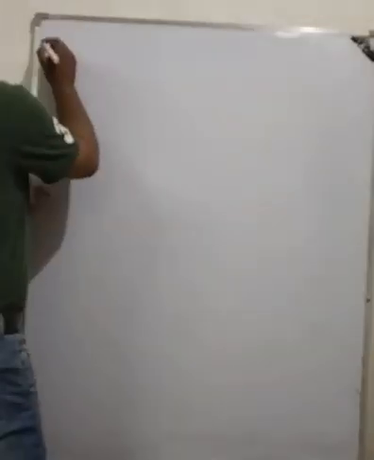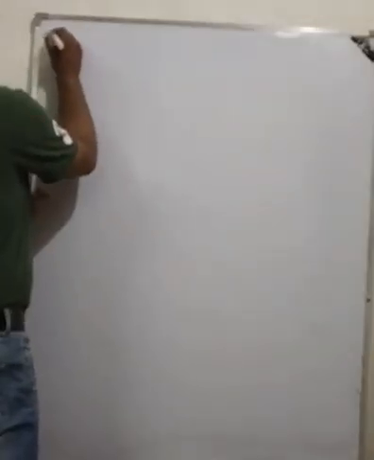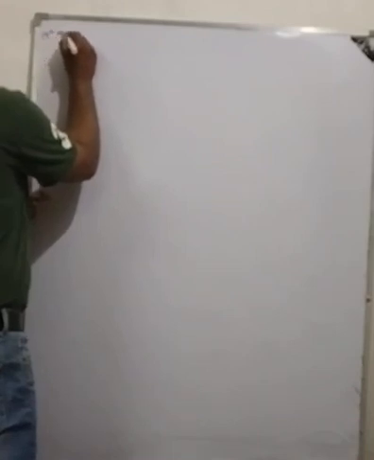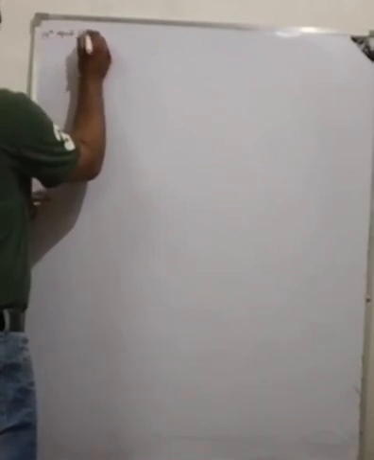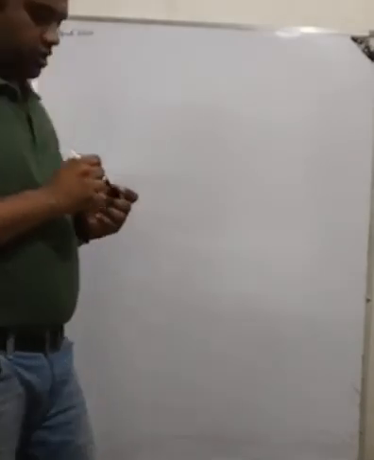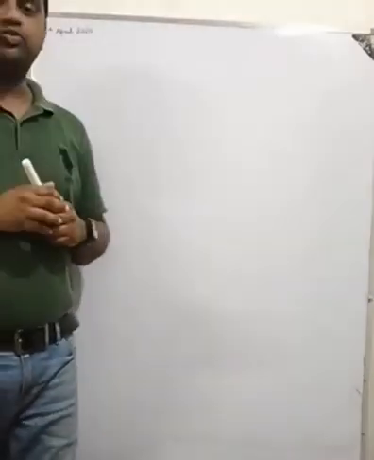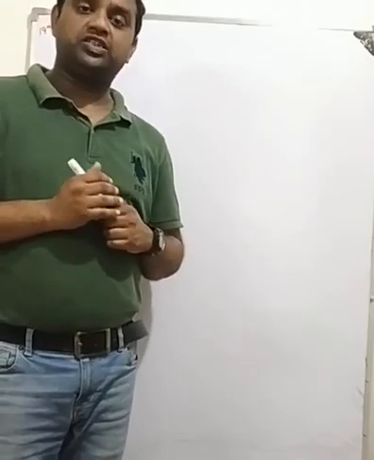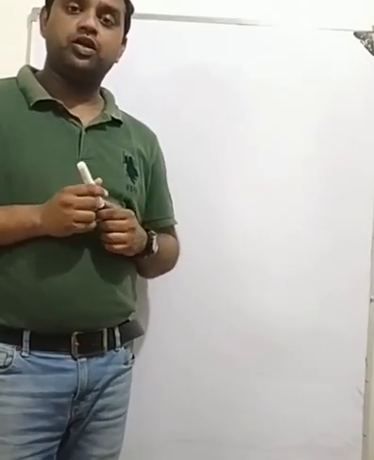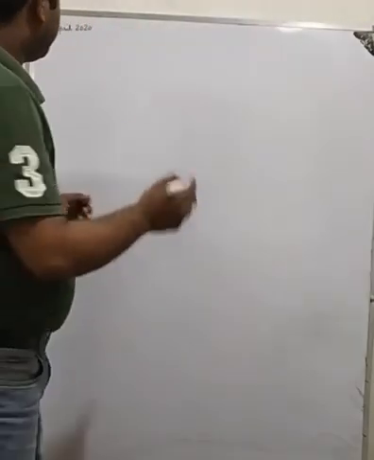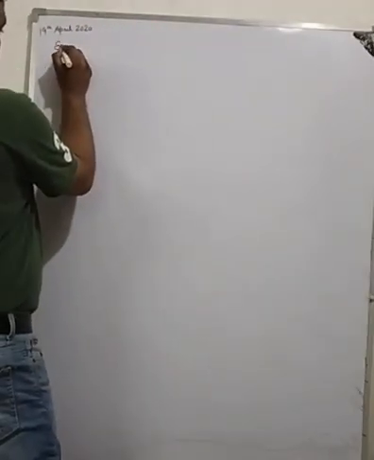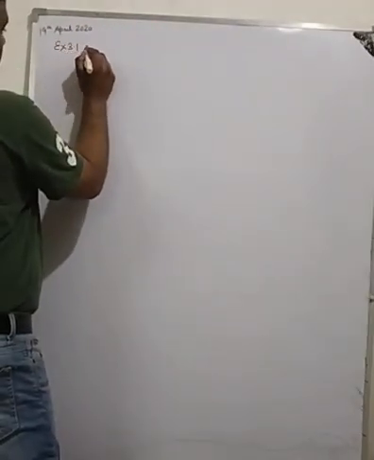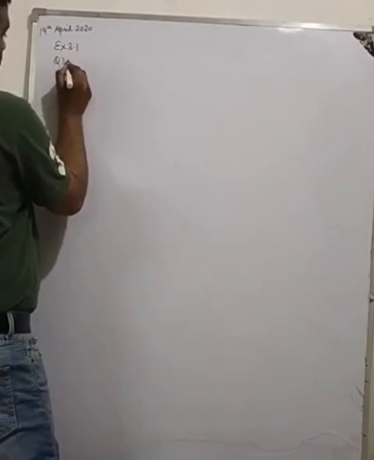So I am going to write the exercise as well as the question number for each question. And the first question is of exercise 3.1 and question number 3. So exercise 3.1, question number 3.